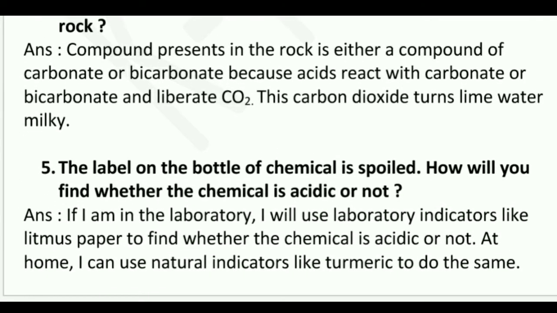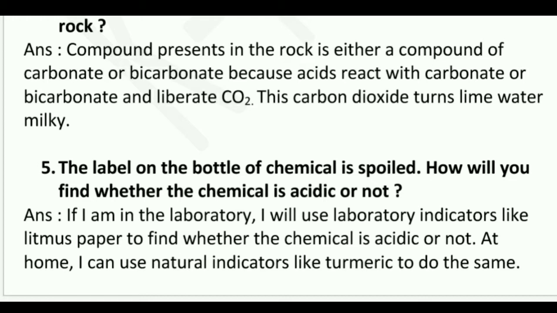The next question, number 5. The label on the bottle of a chemical is spoiled. How will you find whether the chemical is acidic or not? So what will you do, children? Let's see the answer for this.